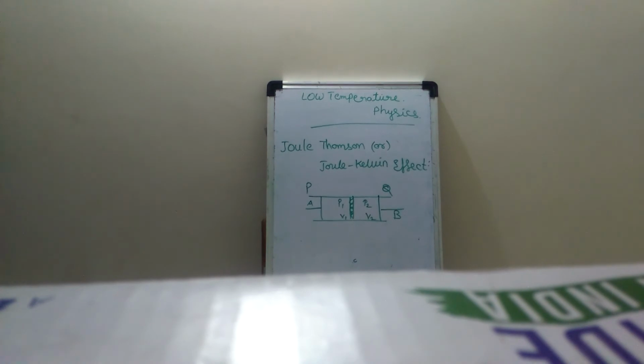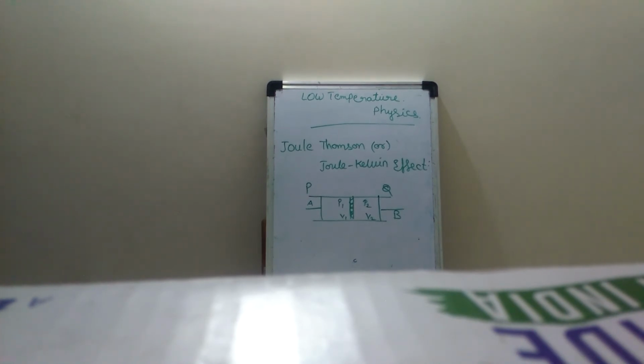The fall in temperature for atmospheric difference of pressure decreases as the initial temperature of the gas is raised. It becomes 0 at a particular temperature, which is different for different gases. Above this temperature, instead of cooling, heating is observed. This particular temperature at which the Joule Thompson effect changes sign is called the temperature of inversion.